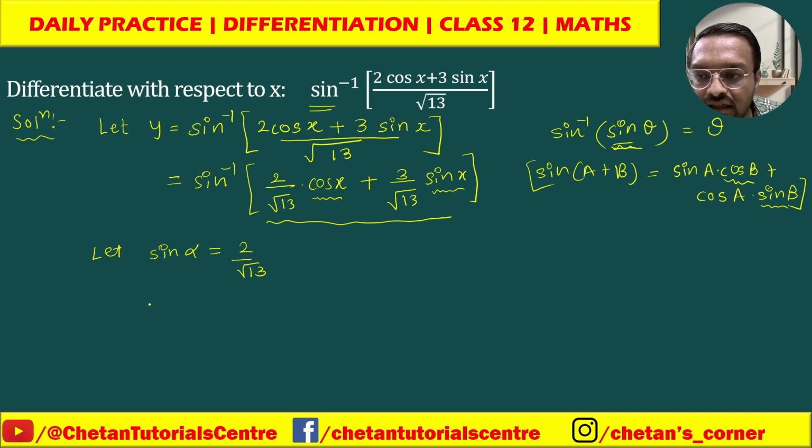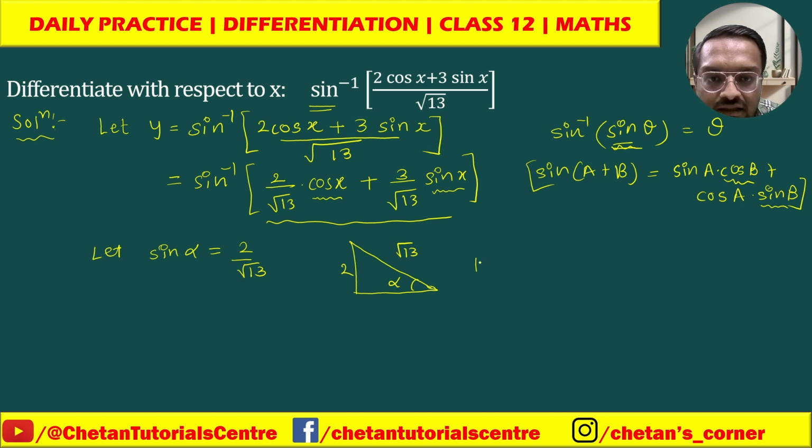So what will I get? This is a triangle and this is angle alpha. So sine of alpha is 2 upon root 13. Now I will use the Pythagoras theorem to obtain the remaining side.